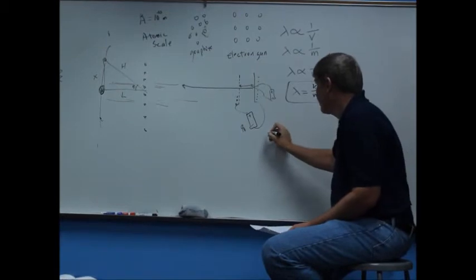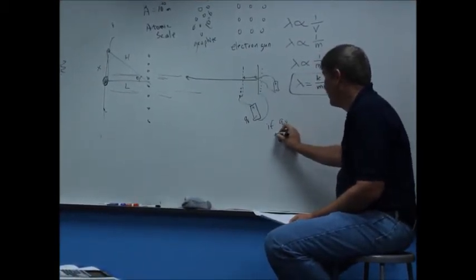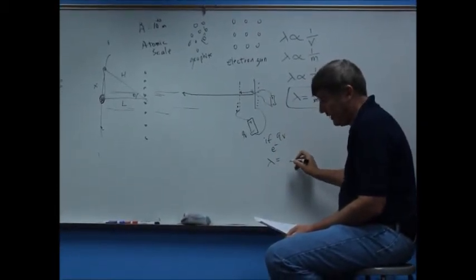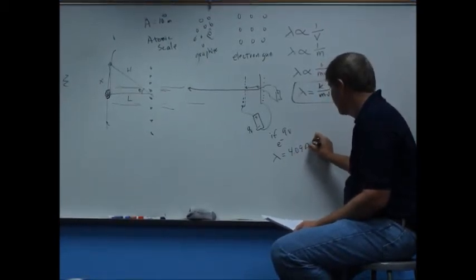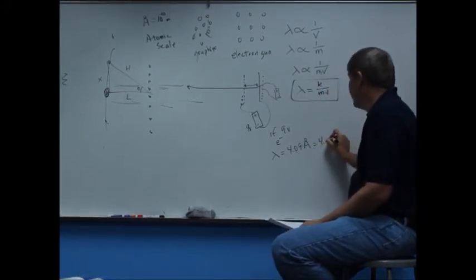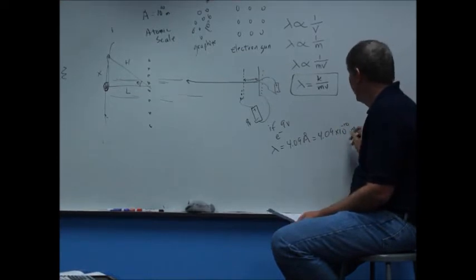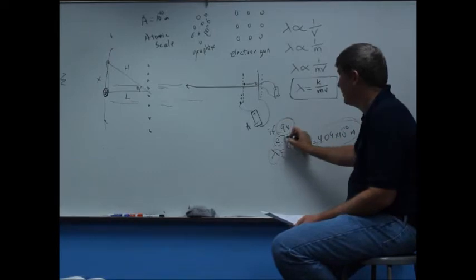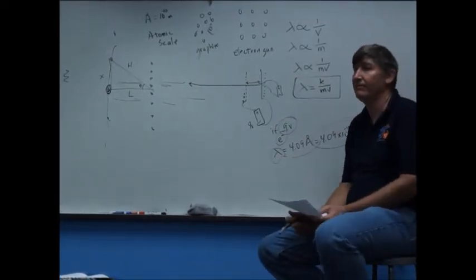If we're using a 9-volt battery and shooting electrons, the wavelength they got was 4.09 angstroms, which is 4.09 times 10 to the negative 10 meters. Knowing the wavelength, that it was 9 volts, and that we were shooting electrons, I want you to calculate K.